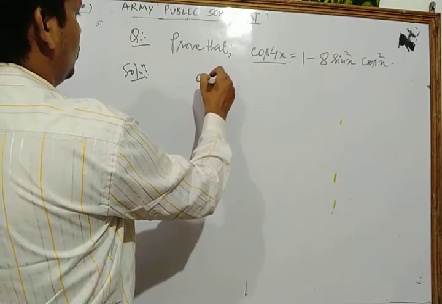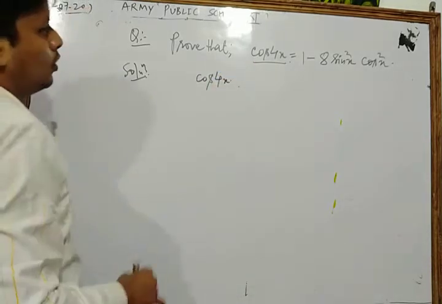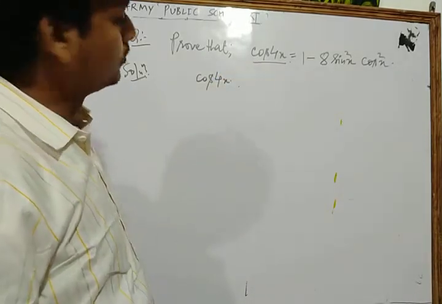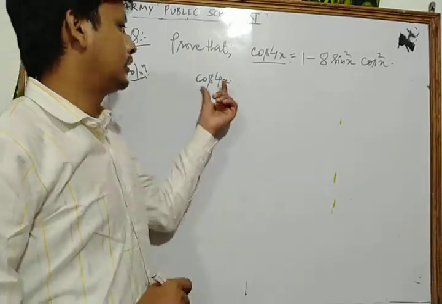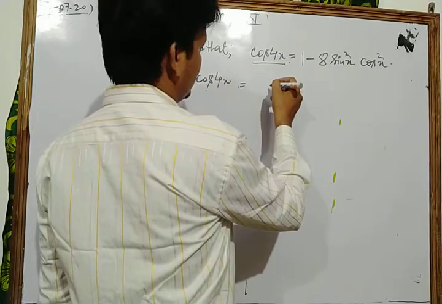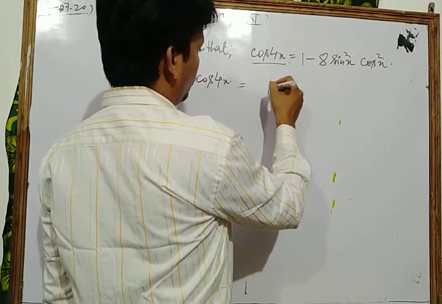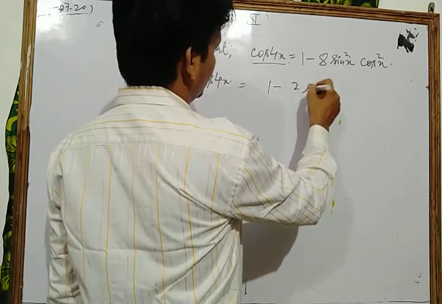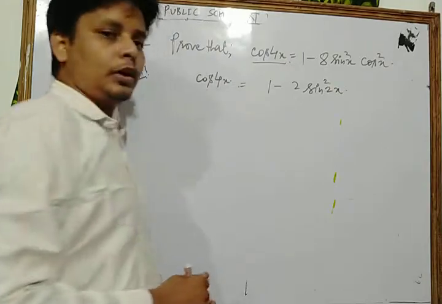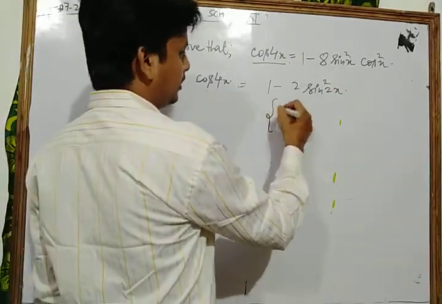As cos 4x. Okay, now let's see. We write cos 4x as 1 minus 2 sin square 2x. Because, let's see its concept.